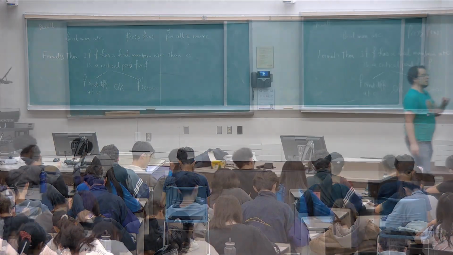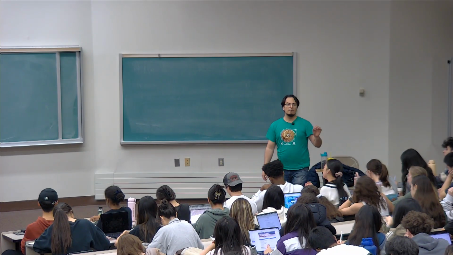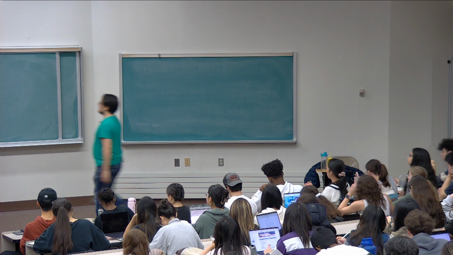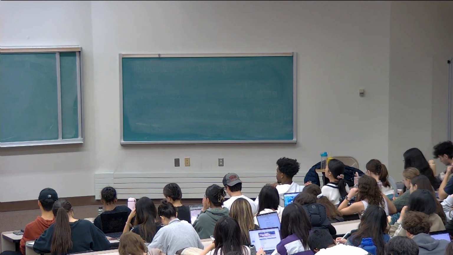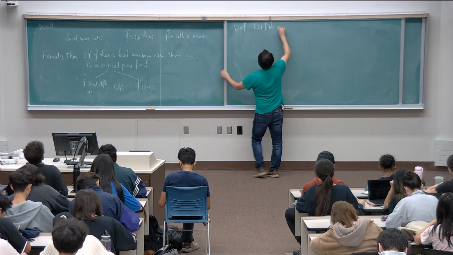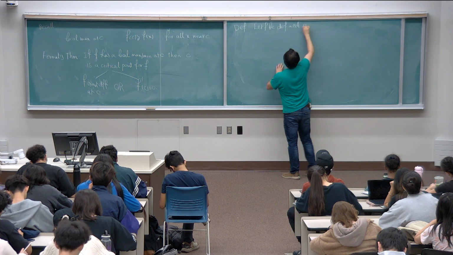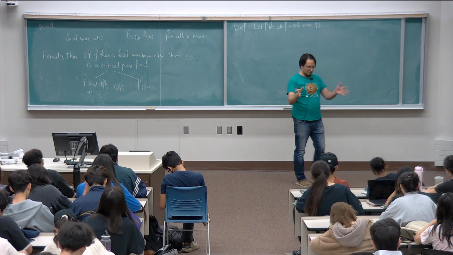Today, we are going to study another type of max and min. It is called absolute. So, definition. Let f be defined on a domain D. So we have a fixed domain.